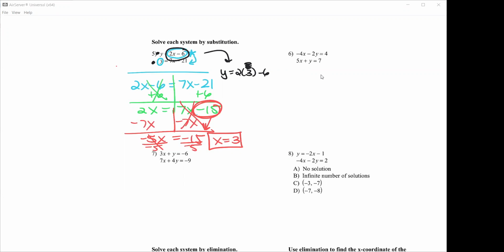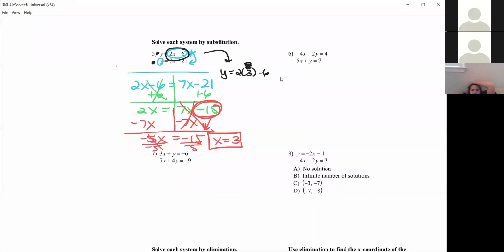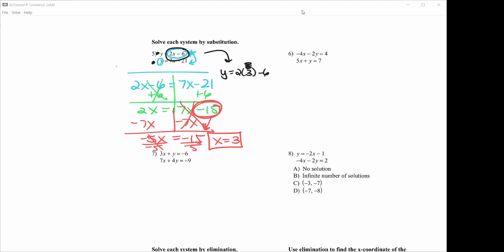I've noticed a couple of people are keeping that x still there, and you want to make sure that you're totally replacing that x, okay? So that means that y is equal to 6 minus 6, so therefore y is equal to 0. So you want to write this as a coordinate point, which would be (3, 0).